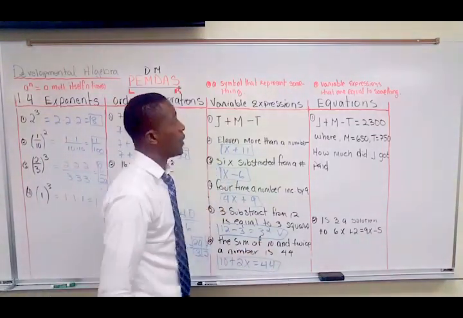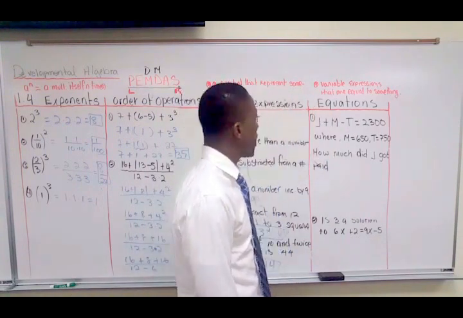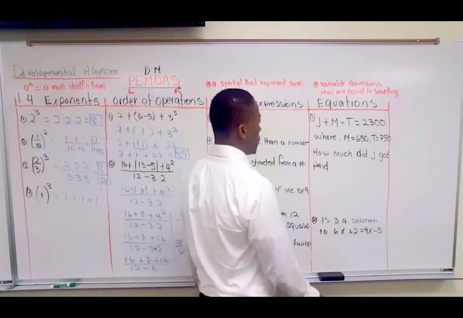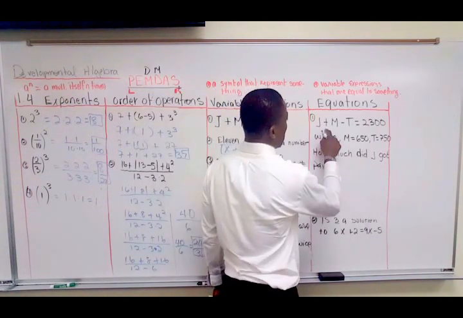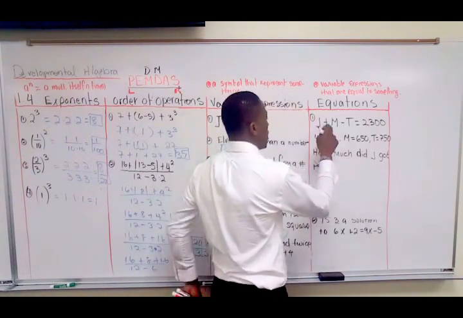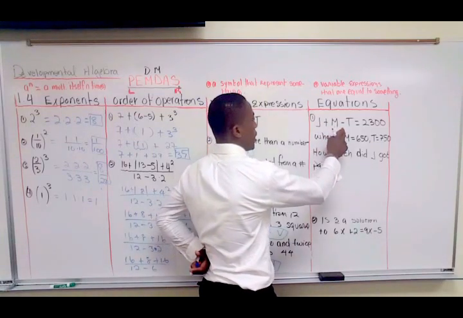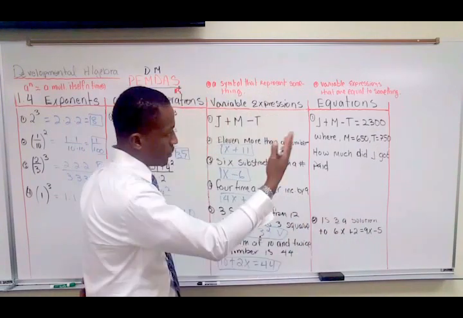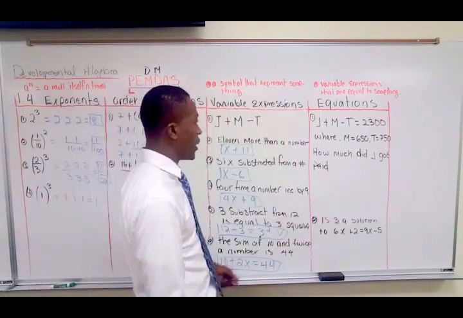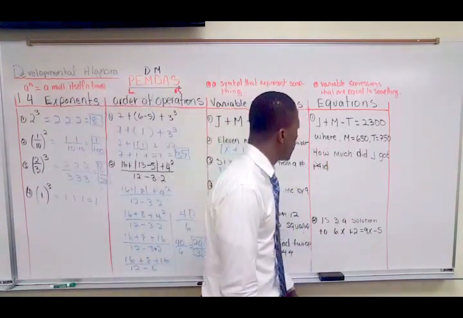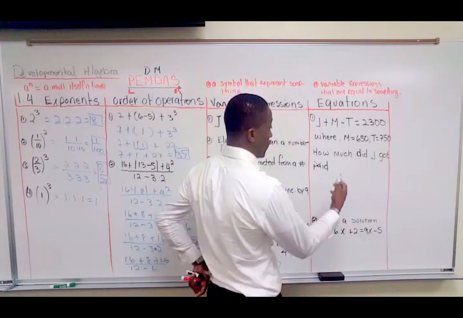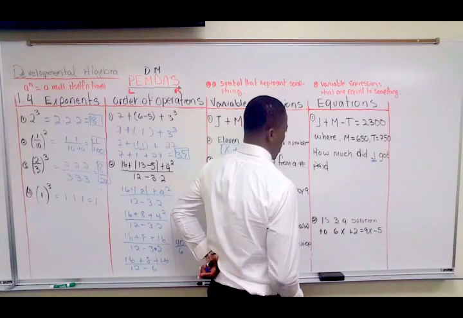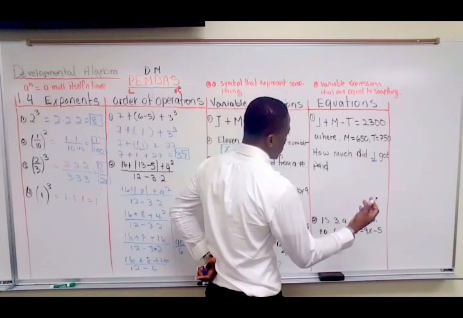Okay. The last column is where we talk about equations where you substitute some unknown numbers. It says J plus M, that we say here John plus Mary, excluding Thomas. After you do that, you get $2,300. But they say M is $650 and Tom is $750. It asks how much did J, which is John, get paid.